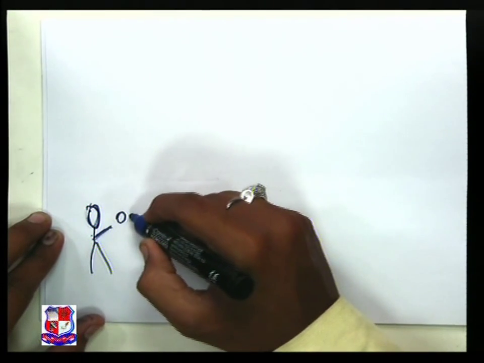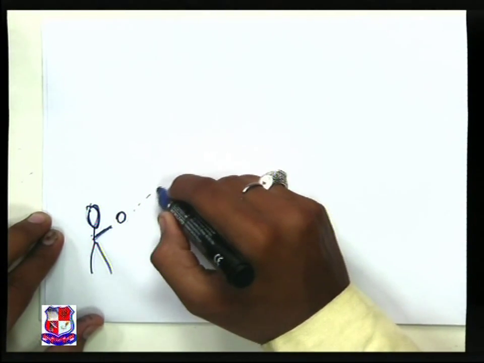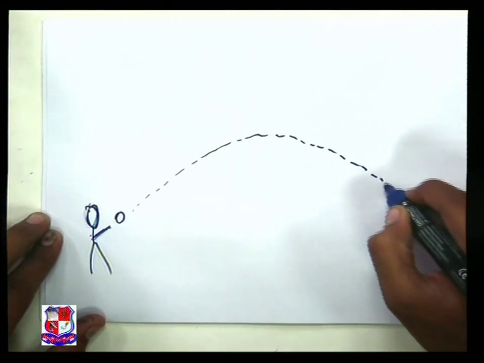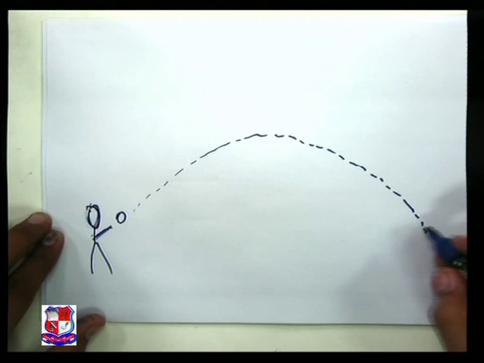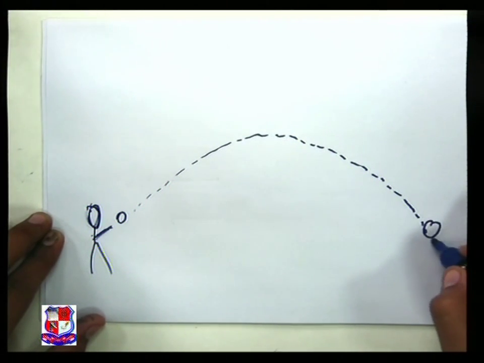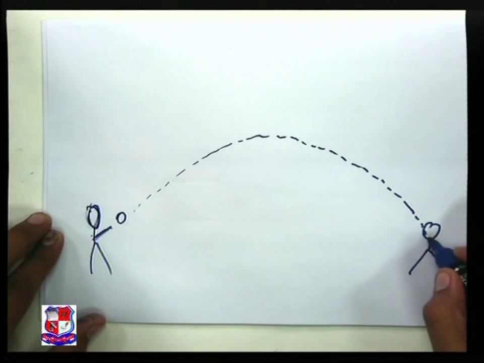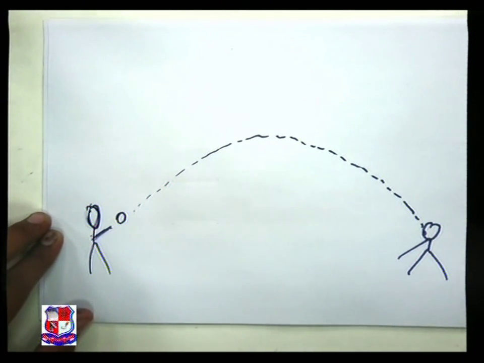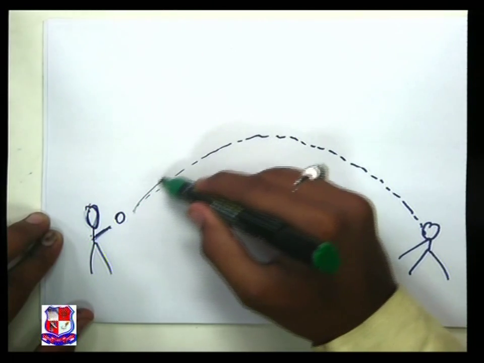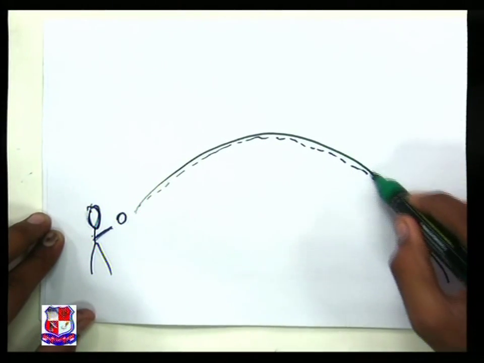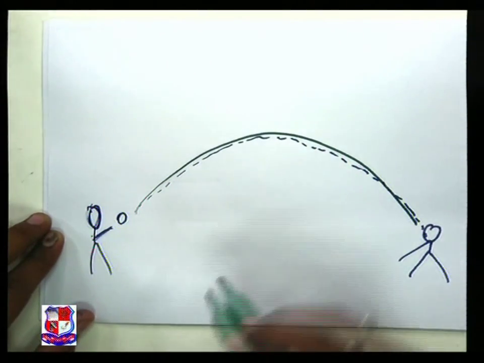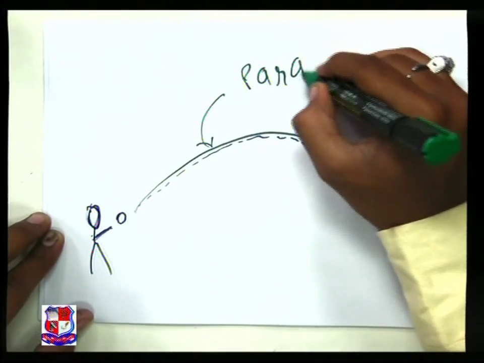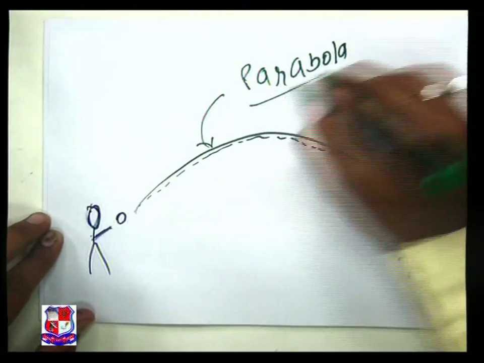He throws the ball towards another man. This curve traced is called a parabola.